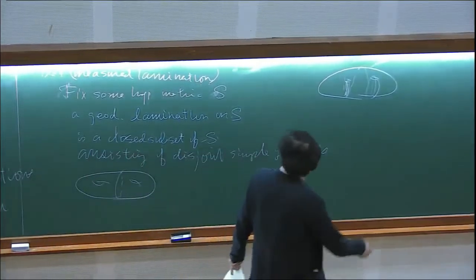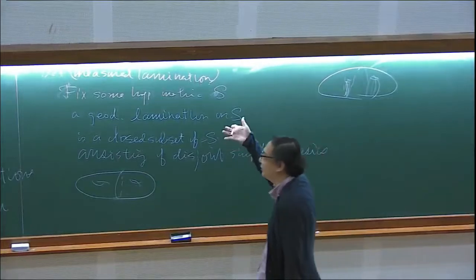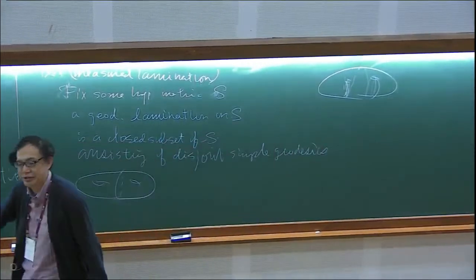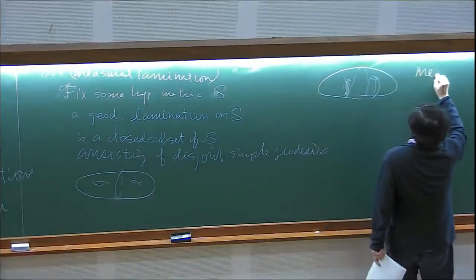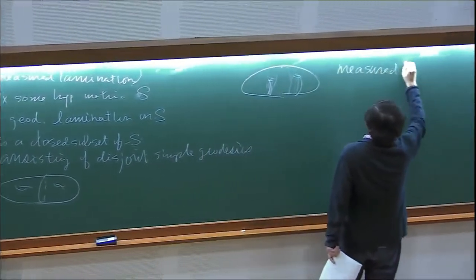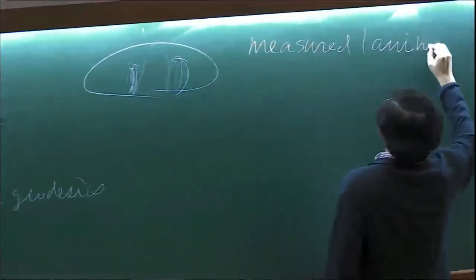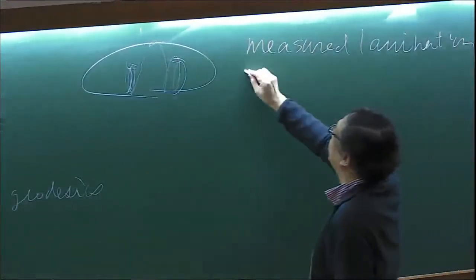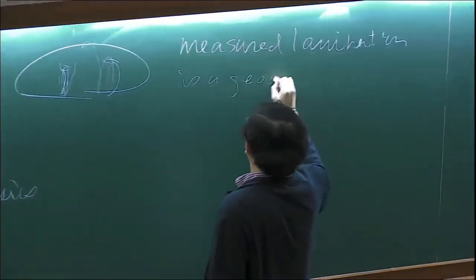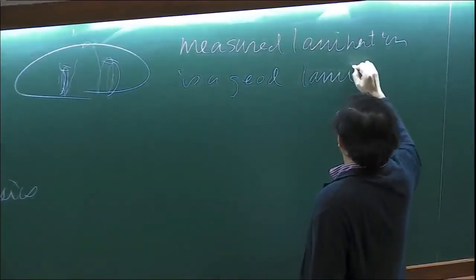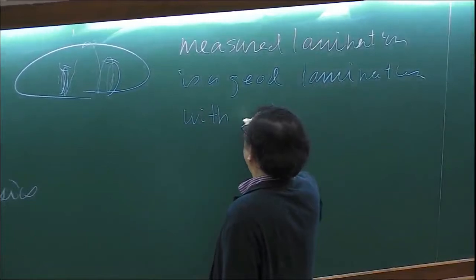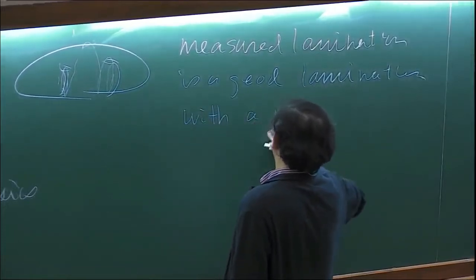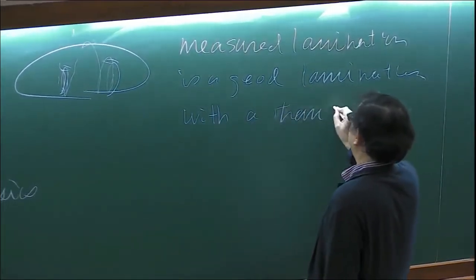But it's just a geodesic lamination. I haven't defined measured yet. So a measured lamination is a geodesic lamination with a transverse invariant measure.